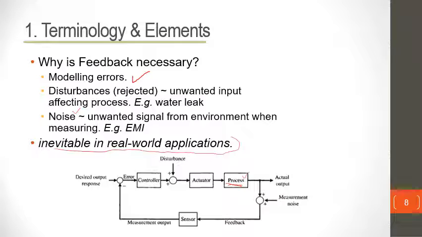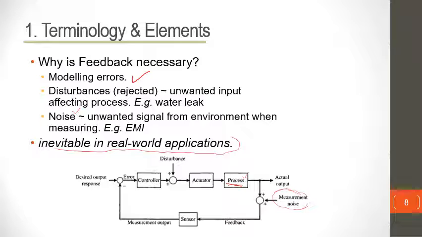Another reason is complexity. The system may be too complex to model accurately. And another, as we'll learn later, is that the system in itself may be non-linear, whereas the type of controllers that we are looking to learn in this module, and most of what's being used in the industry, are linear controllers.